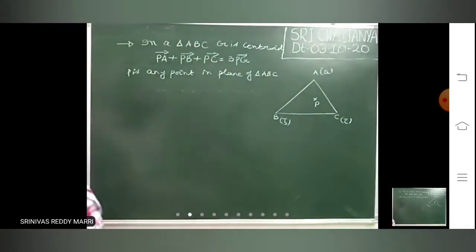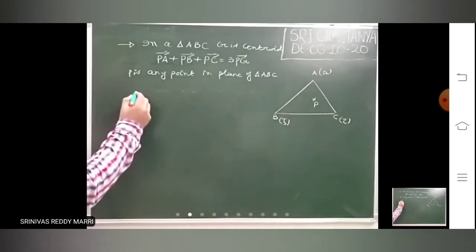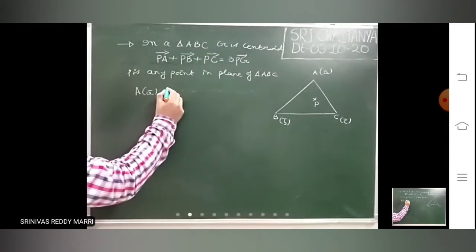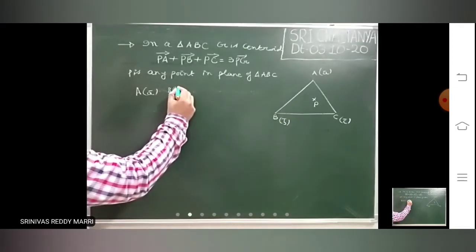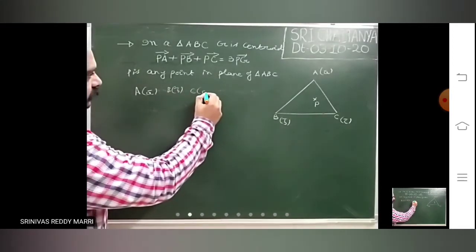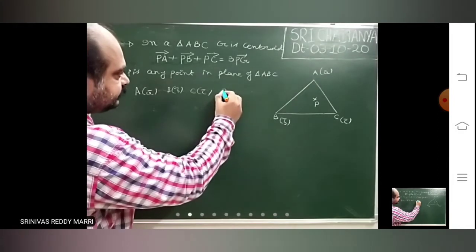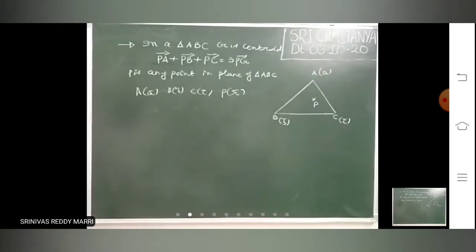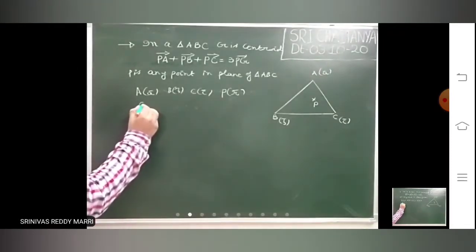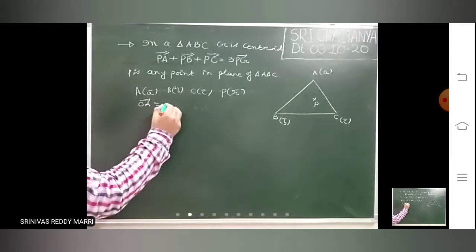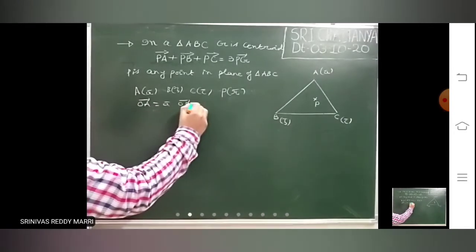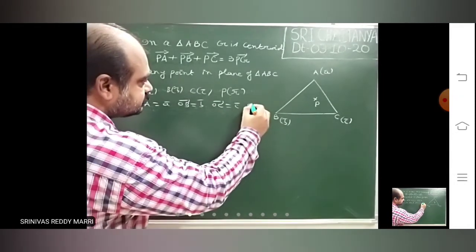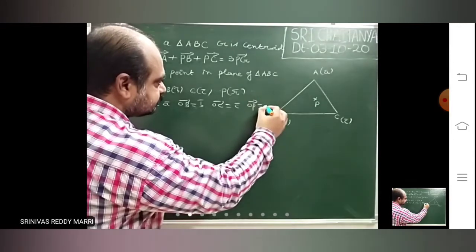So let us take position vectors A bar, B bar, C bar, and for P some point R bar. That means OA bar equals A bar, OB bar equals B bar, OC bar equals C bar. I have taken the points like this.